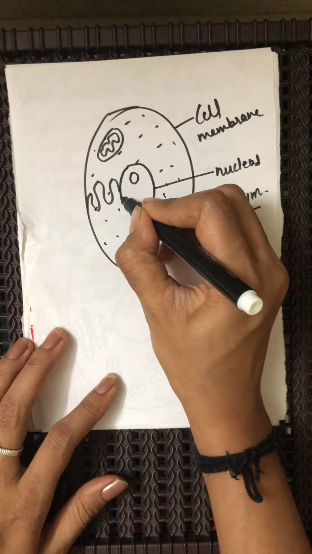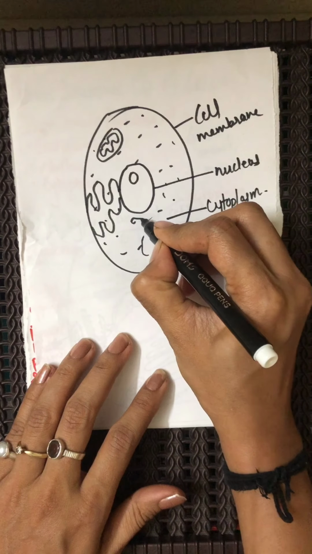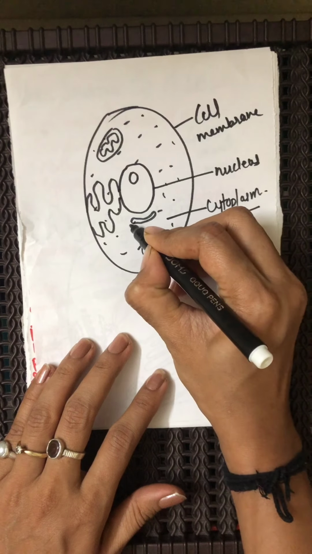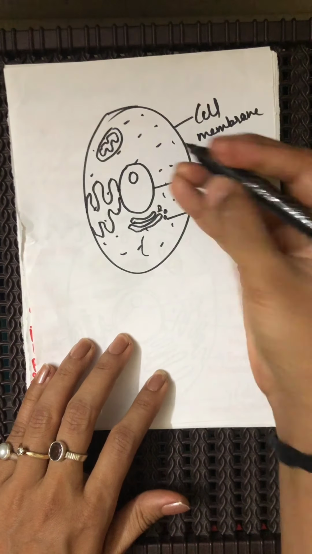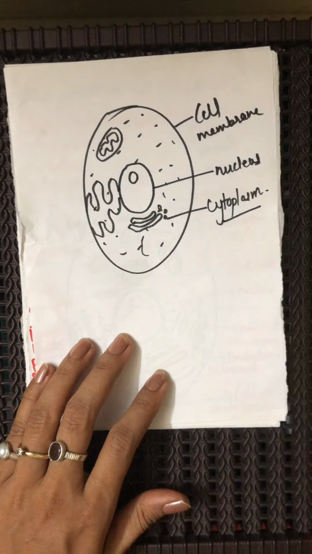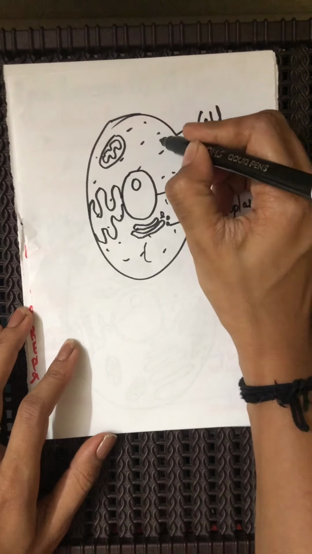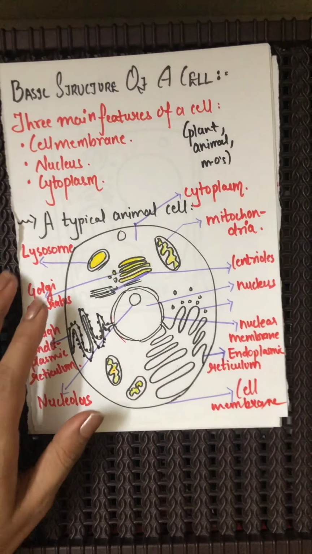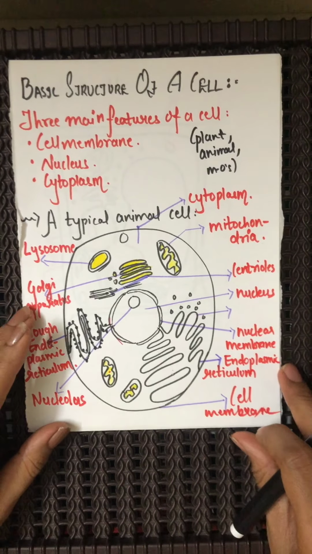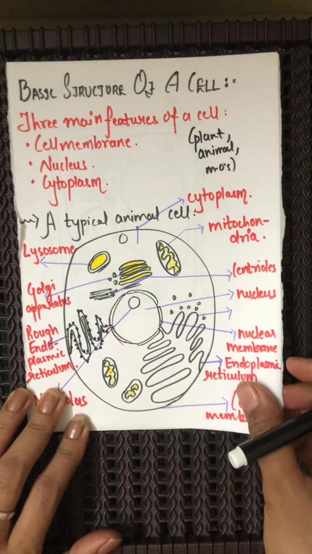Then we can draw the Golgi body or the Golgi apparatus, you can say. Then the cytoplasm is already marked, then centrioles, then lysosome, and so on. So here, this is the basic typical animal cell.